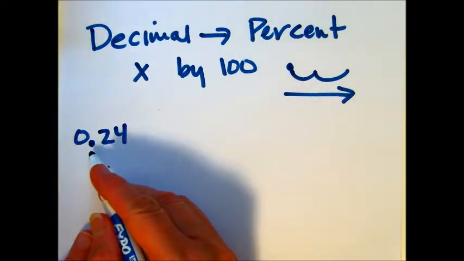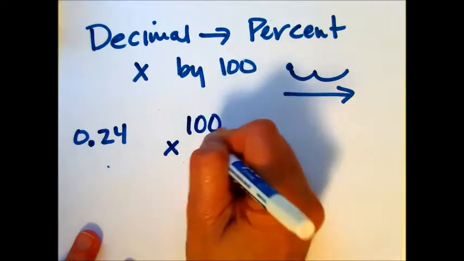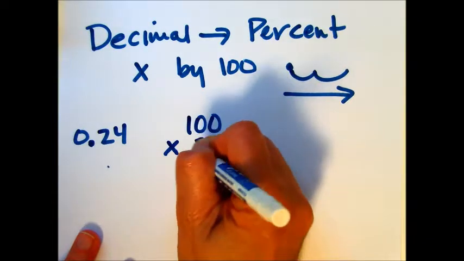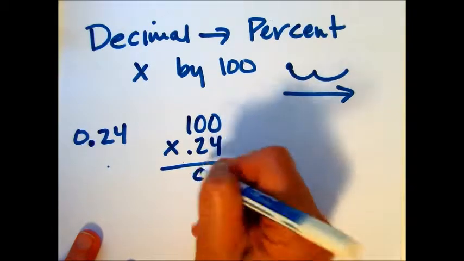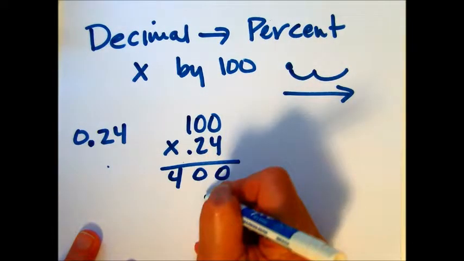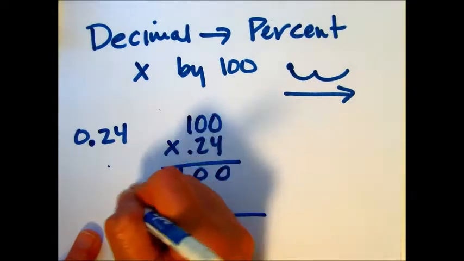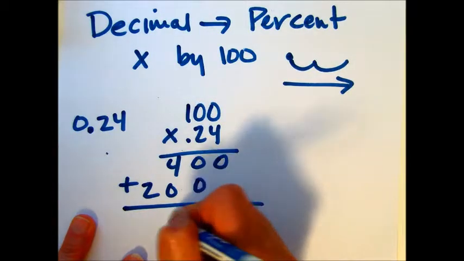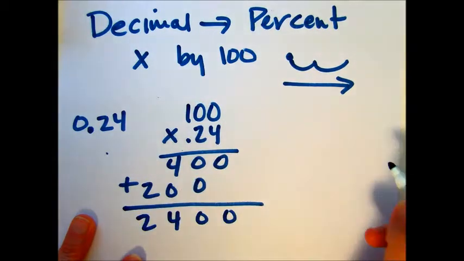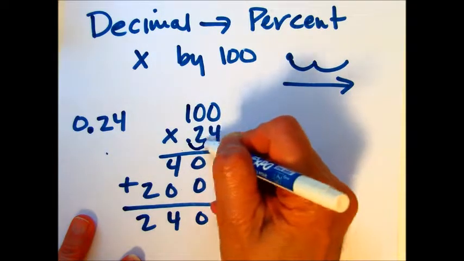We're going to multiply by 100. So 100 times 0.24. That's going to be 0, 0, 4. And then we're going to go 0, 0, 2. And then we're going to add those up. We get 0, 0, 4, 2. Now notice we've got 2 decimal places here.